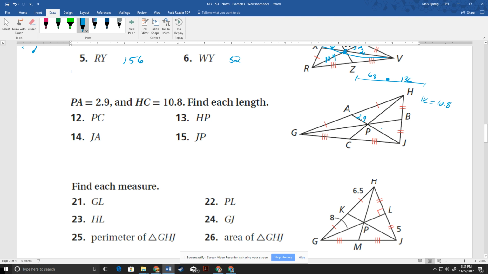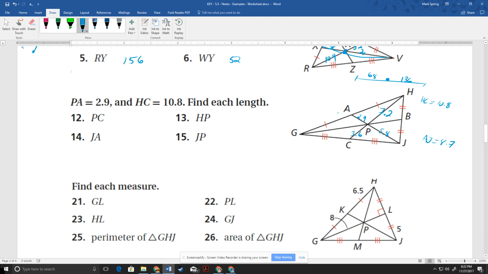Then I double it to 5.8. And then the whole thing would be 5.8 plus the 2.9, which is 8.7. So the whole thing, AJ, is 8.7. In this case, the whole thing is 10.8. So I divide that by 3, and I get the small piece, which is 3.6. And I can get the large piece by doubling it to get 7.2.